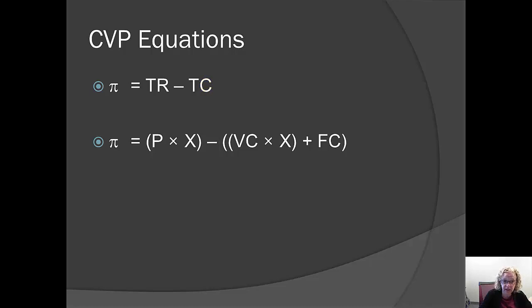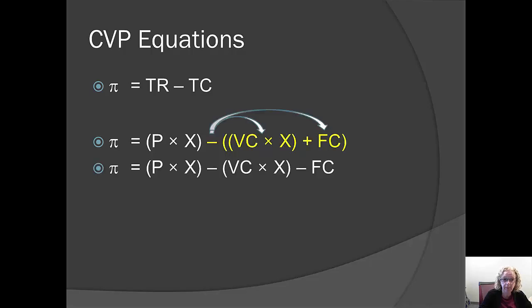Now we can take this equation and simplify it a little bit by distributing subtraction over the right-hand side of the equation, because we know that subtraction is distributive. We can say that our price per unit times X, the number of units, minus the variable cost per unit times X, the number of units, minus the fixed cost equals our profit.